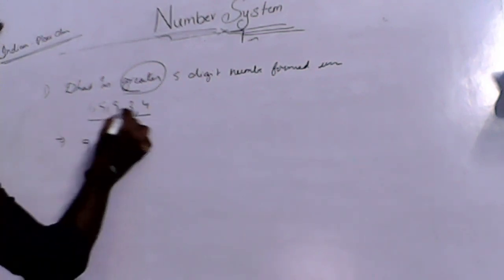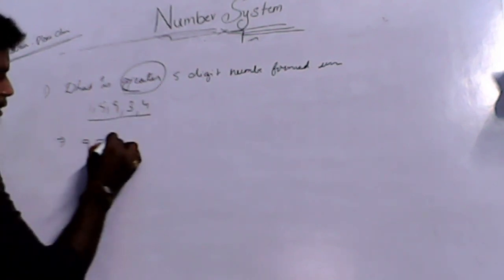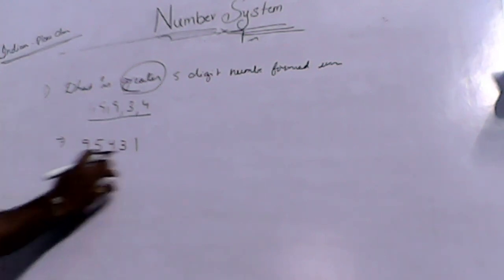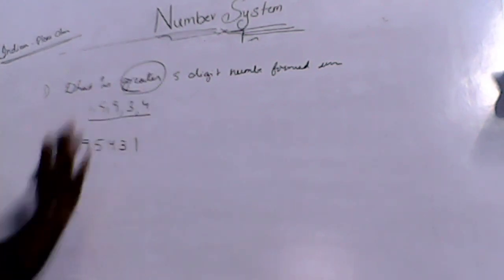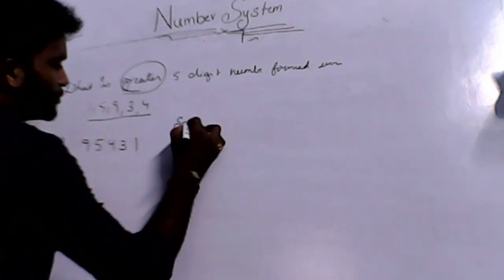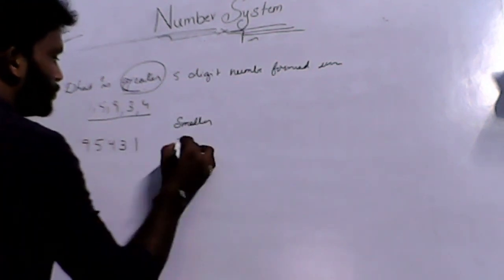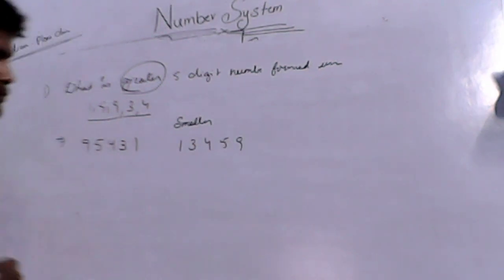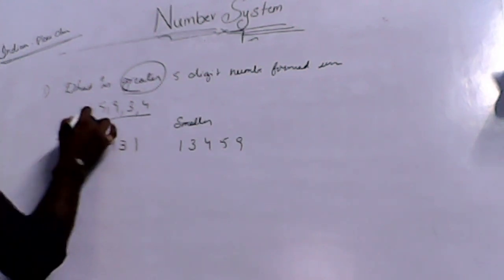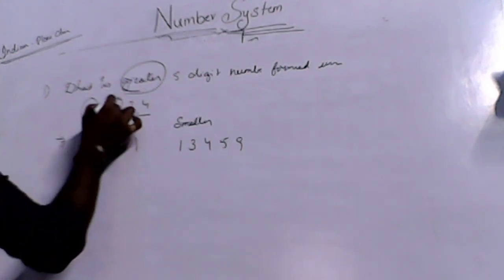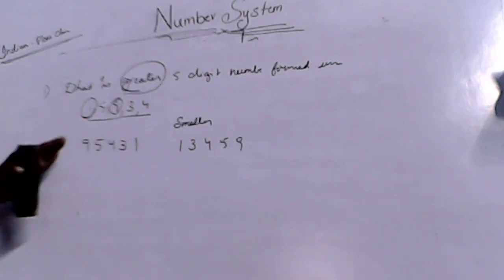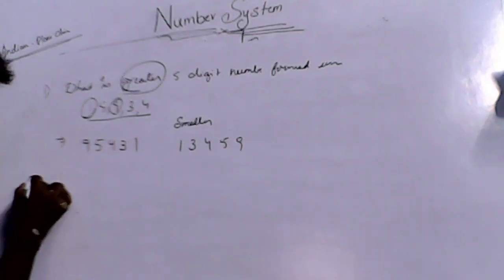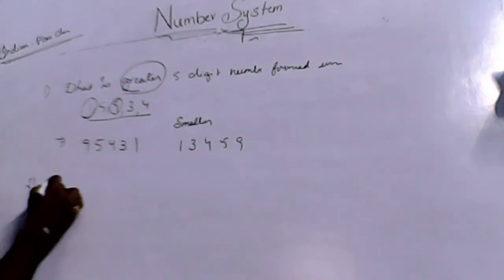That is 9, and then the greatest one is 5, and then 4, and then 3, and then 1. So this will be the greatest 5-digit number formed using these digits. And the smallest one: leftmost side 1, 3, 4, 5, and 9. So by placing the smallest or greatest digits in the leftmost side, we can form the greatest as well as the smallest number. Okay?